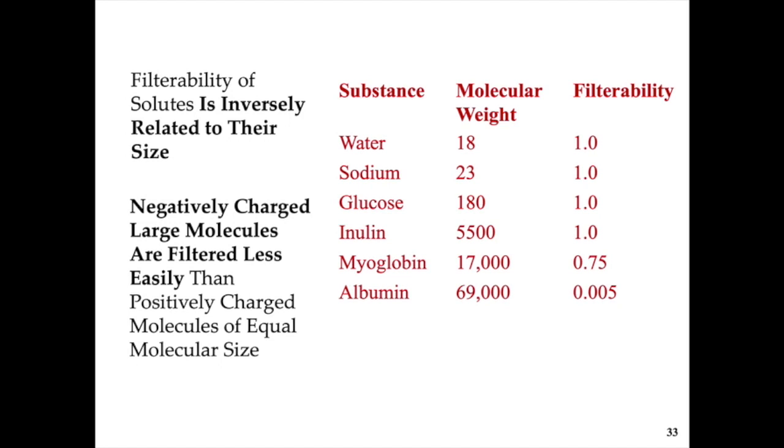But when it comes to proteins, albumin, for example, has tremendous problem in crossing to the urine. Why? Because, one, it's big, and two, because it's negatively charged. Okay? So this is a very important aspect. It's written there on the slides on the left side how the filtrability depends on the size and on the charge.